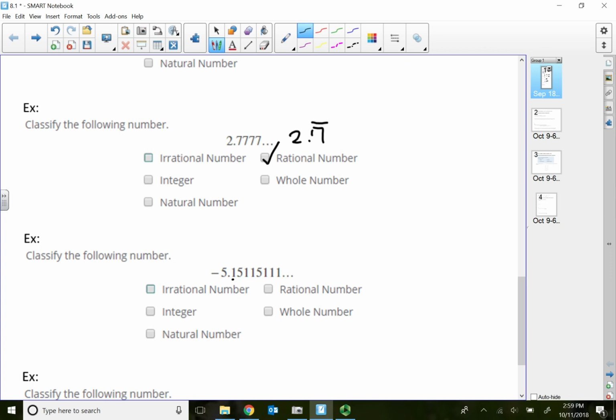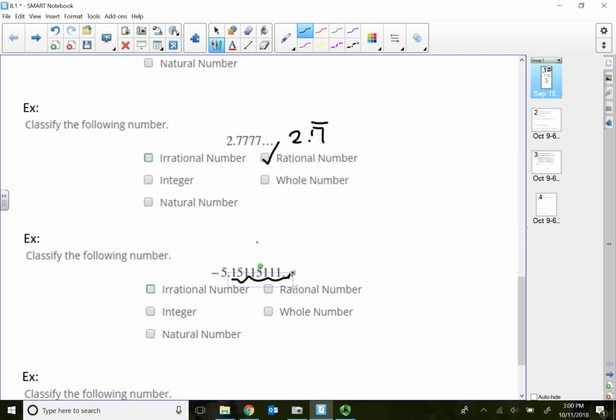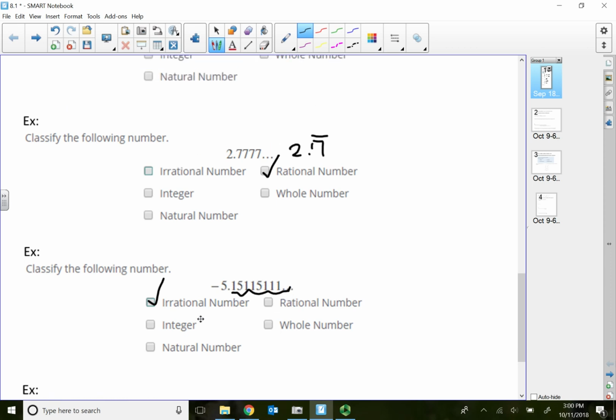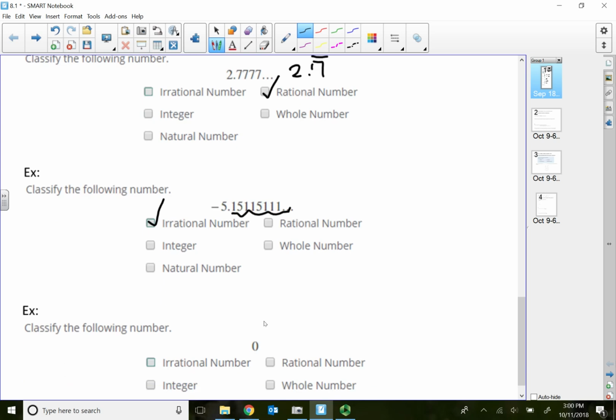This is actually not a repeating pattern here. So with no repeating pattern and a decimal that never ends, it is considered an irrational number. If it's an irrational number, that means it consists of decimal places and is non-terminating. So decimals are not integers, whole numbers, or natural numbers.